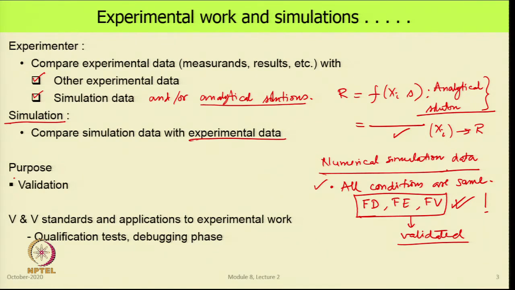So, that brings us to this issue of the importance of validation. Over the last 20 years, the American Society of Mechanical Engineers, ASME, has developed standards on V&V, which is verification and validation.